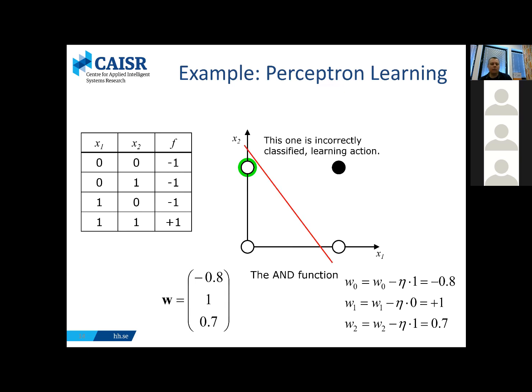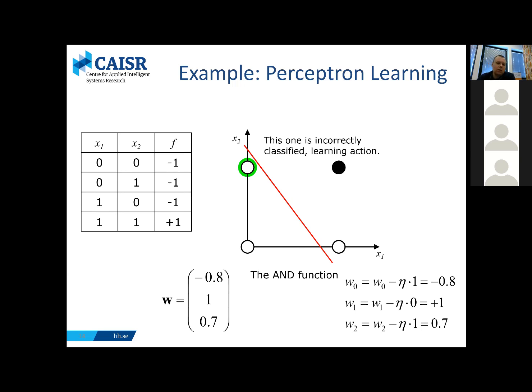So now, after learning from this one example, our neuron has weights -0.8, 1, and 0.7. Luckily enough, in this case, it already classifies this example correctly. There is no guarantee that after a single update, the example will be classified correctly. It might be that we need to present it multiple times. But here, I didn't want to make this example too long. So after a single iteration, we are able to correctly classify this example.